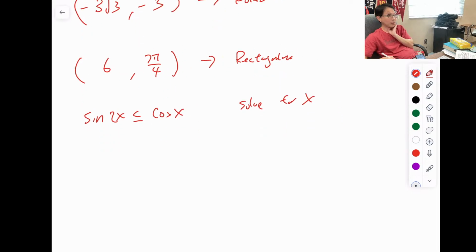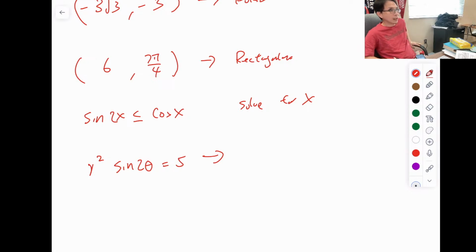Okay, so can you convert r squared sine 2 theta equals 5? Can you find a rectangular equation?